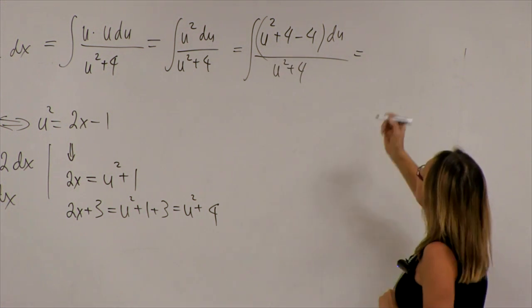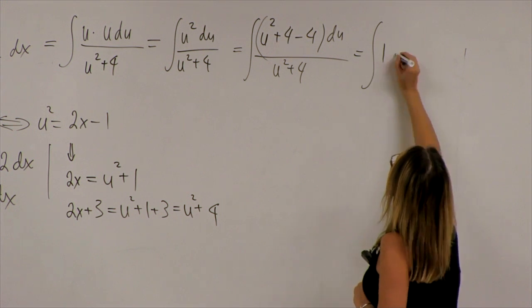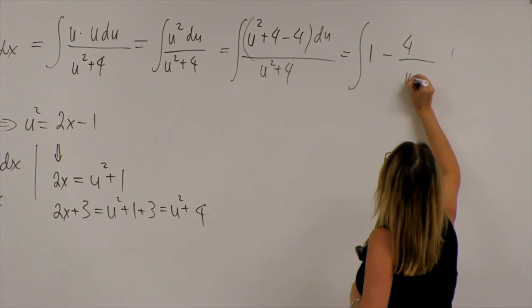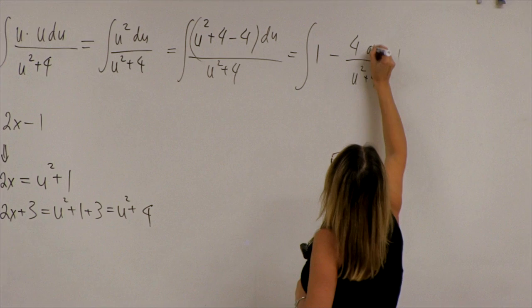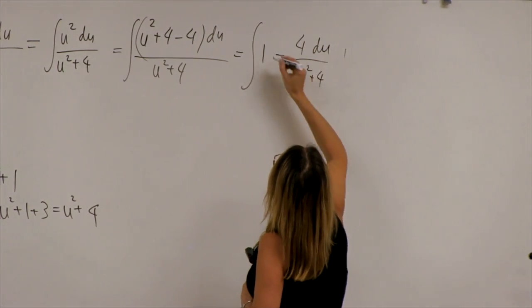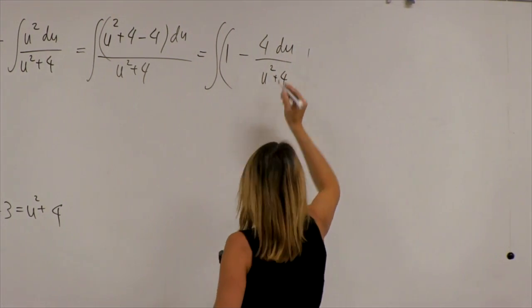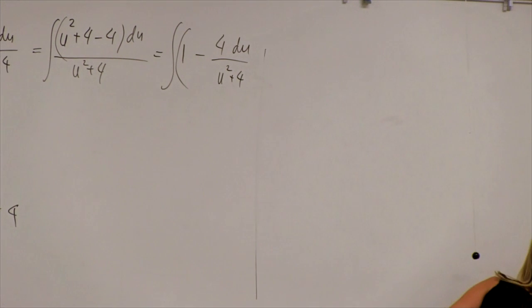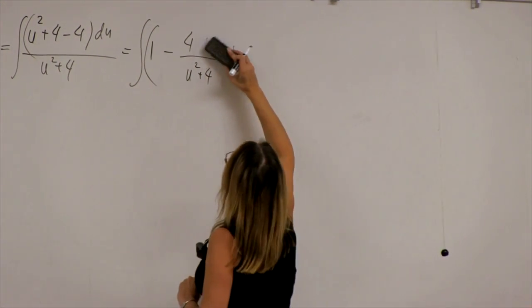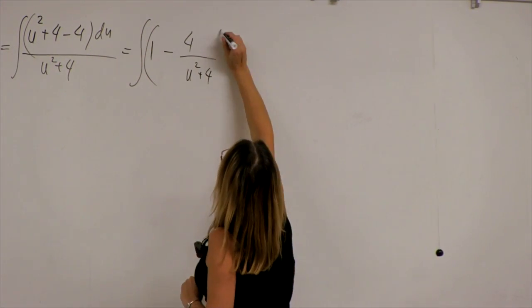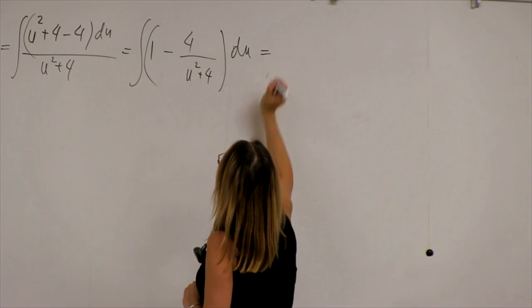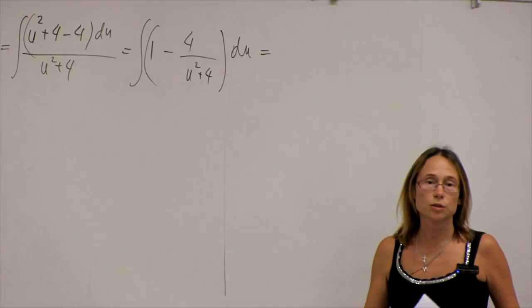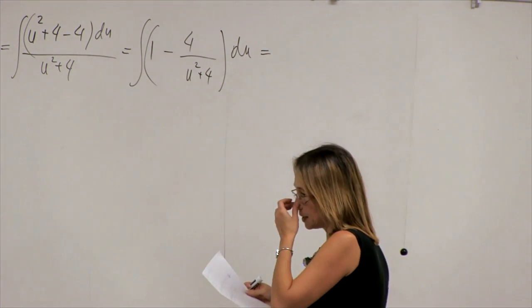What does this give me? It gives me 1 minus 4 over u squared plus 4, du. Okay. So now this is easy.